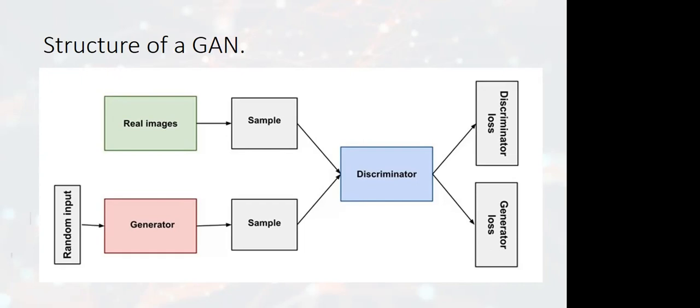The discriminator is basically a binary classifier, right? It can either classify something as fake or something as real. So it has two outputs, one for each class, the classes being fake or real. That's it.